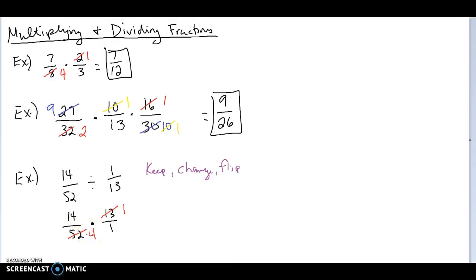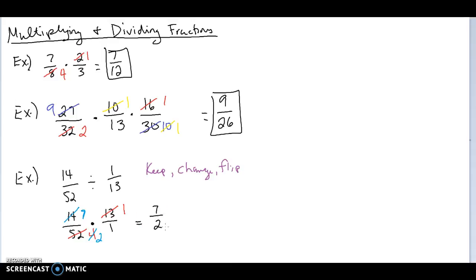Both of those are even numbers, so they have to be divisible by at least a 2. So 14 divided by 2 is going to be a 7. And I'm going to take 2 out of this 4, so 4 divided by 2 is a 2. I think that's everything we can do, so let's multiply straight across. 7 times 1 is a 7, and 2 times 1 is a 2.